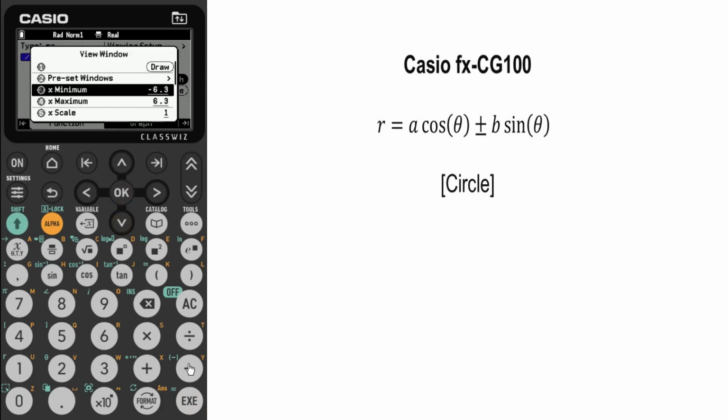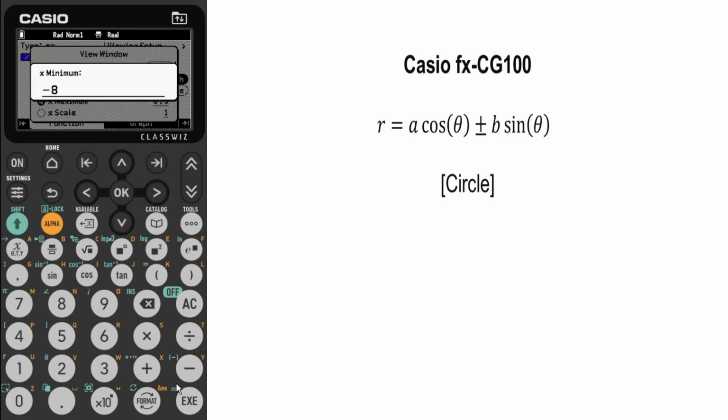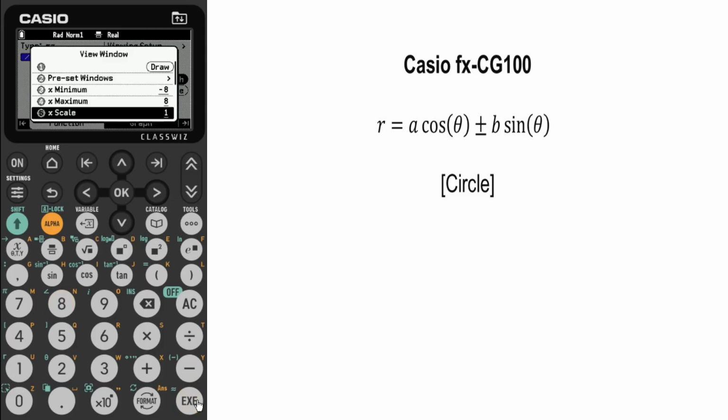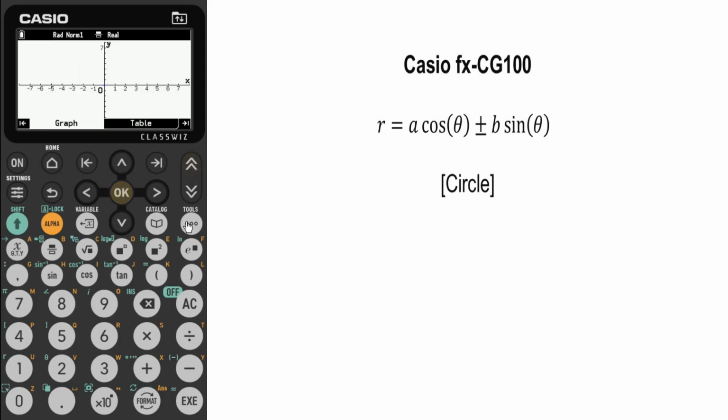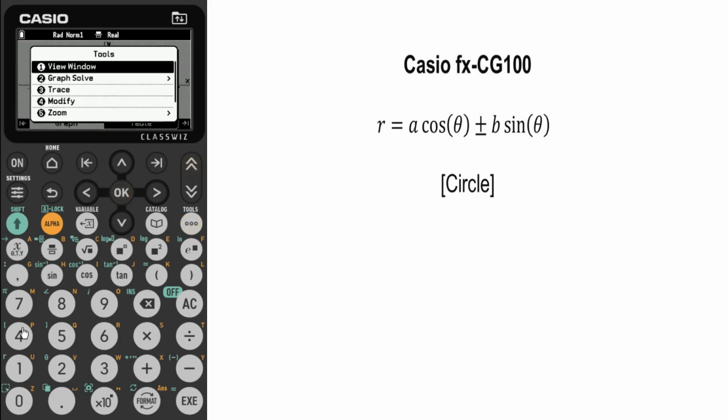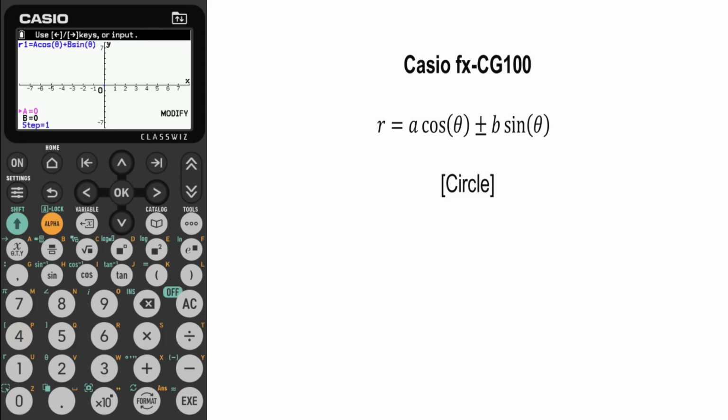Let's change the x minimum to be -8, the x maximum to be 8, the x scale we'll leave as 1, the y minimum, let's set that to be -8, the y maximum, let's set that equal to 8, the y scale we'll leave as 1. Let's draw this. If I press tools and the fourth option for modify, we can vary a and b.